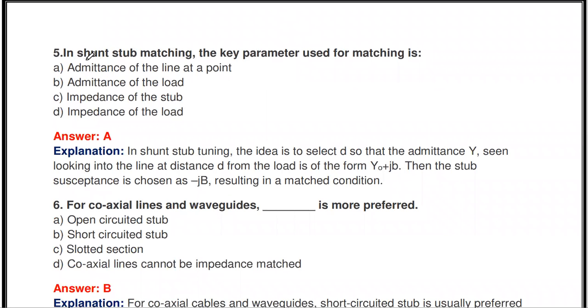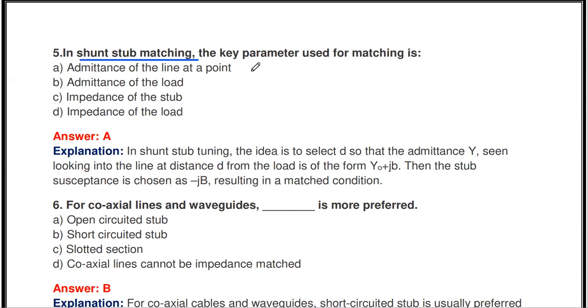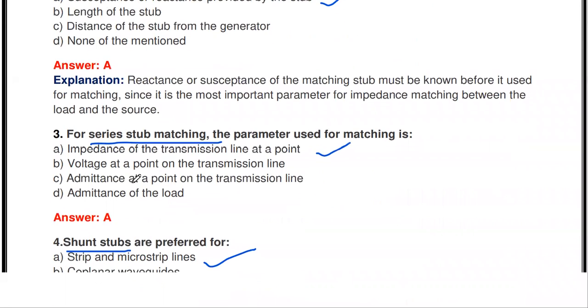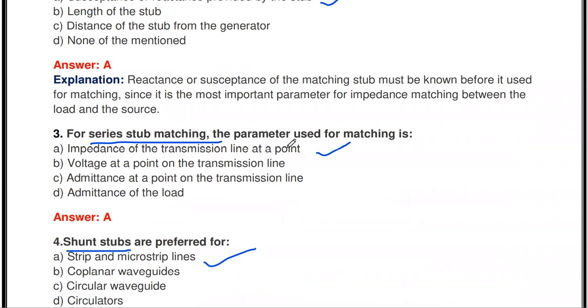Then the next one: in shunt stub matching, the key parameter used for the matching is the admittance of the line at a point. Already we discussed one question on series stub. For series stub matching, the key parameter is the impedance of the transmission line at a point.